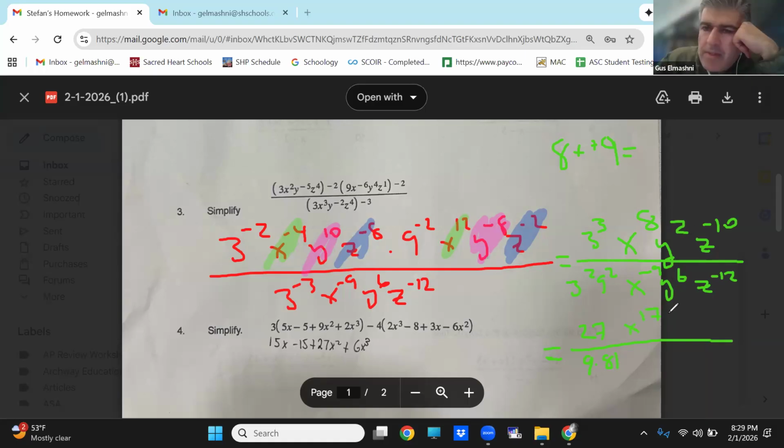You have y squared and y 6. That's y 4. And then that's going to be z squared.